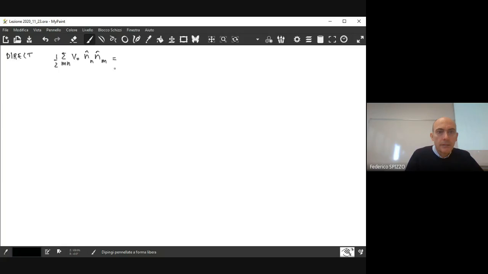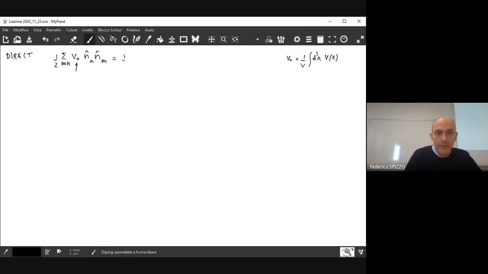In this case, we may replace here the expression for V0 with the actual expression of that term, because V0 is the Fourier component corresponding to wave vector equal to 0. And here we have no phase due to the fact that, again, we are just evaluating the term corresponding to Q or K equal to 0.